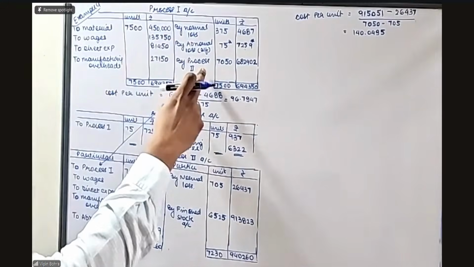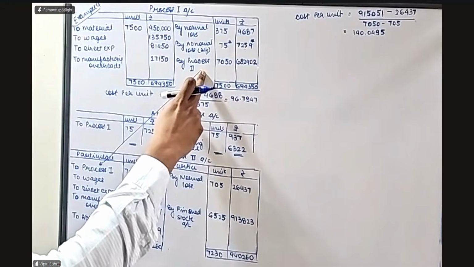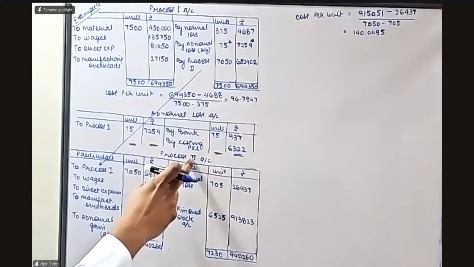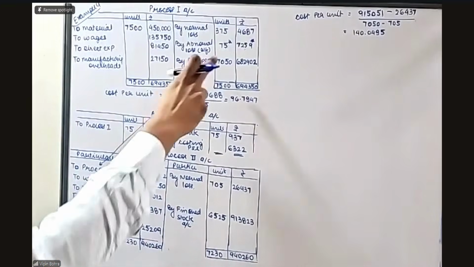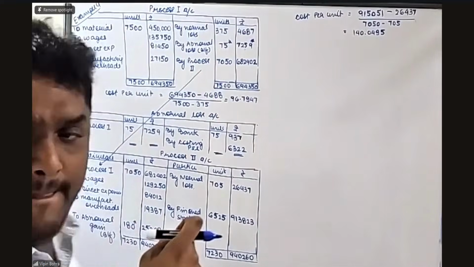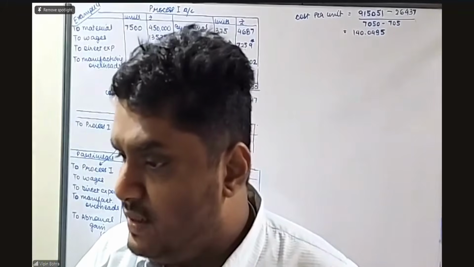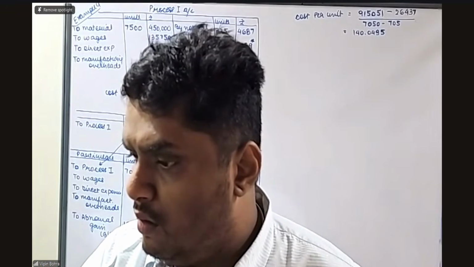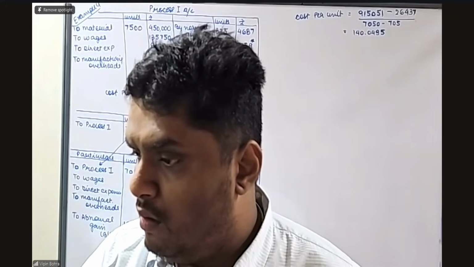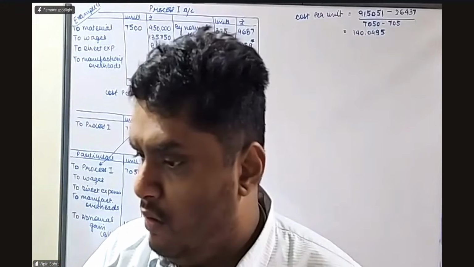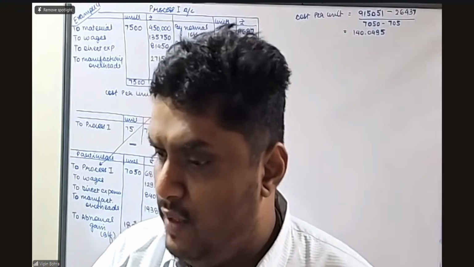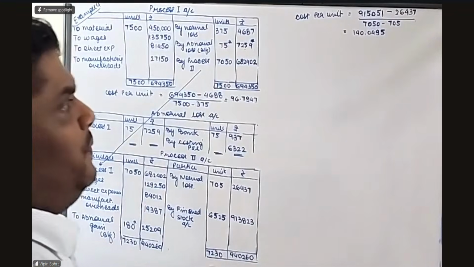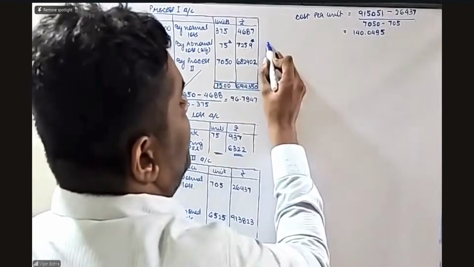See, in process first, it is by process second. So in process second, it will be to process first. It's the reverse entry. I hope it is clear, Pooja. Very good, Deepika. Very good, everyone. So now this account is done. Now let's prepare abnormal gain.